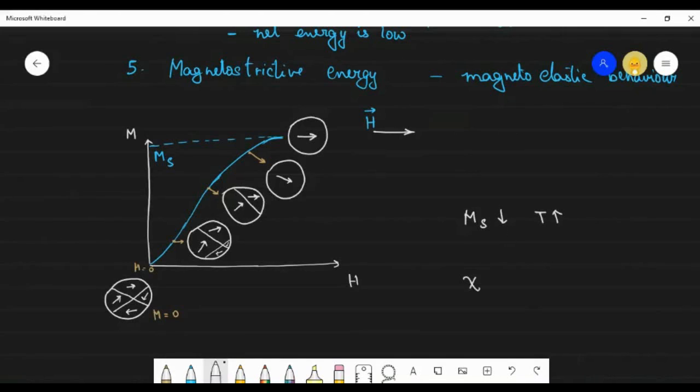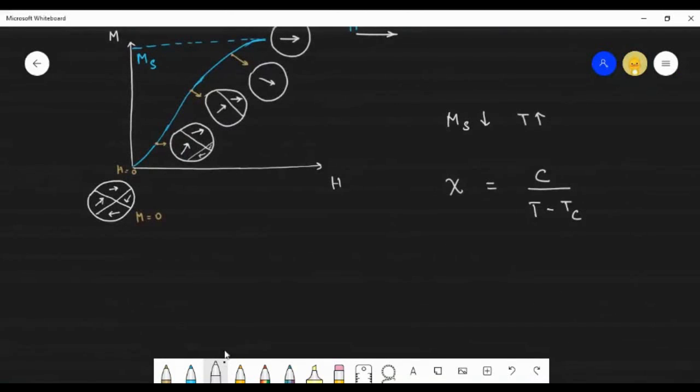The magnetic susceptibility chi of a ferromagnetic material is given as C by T minus Tc. Tc is the Curie temperature. It is the temperature at which the coupling interaction is completely destroyed. That is, the ferromagnetic material becomes paramagnetic.